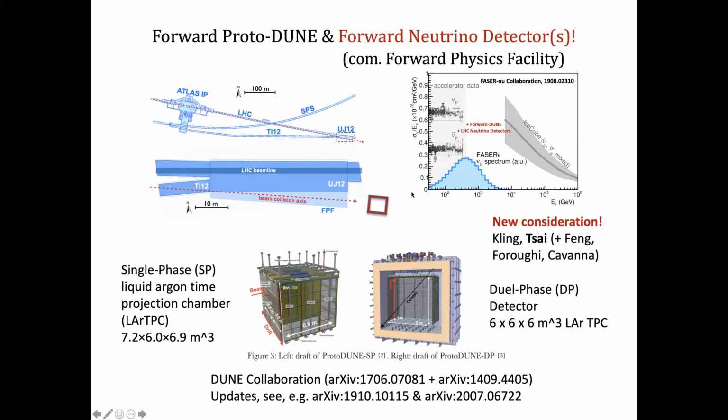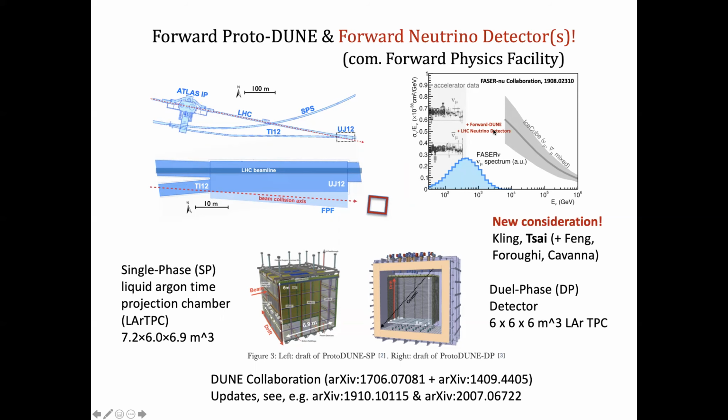So find an open spot here to put your ProtoDUNE to search for neutrino physics. That will be very interesting because there will be some regime that is not previously studied properly. And this is a plot from FASER-nu that I'm not involved with, but maybe you can help fill up a gap here.